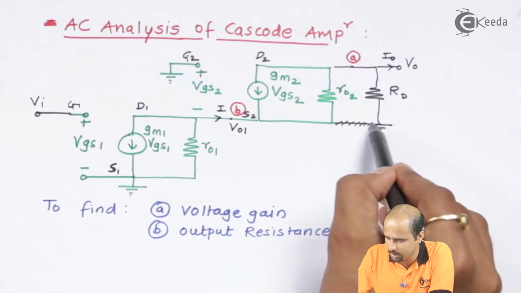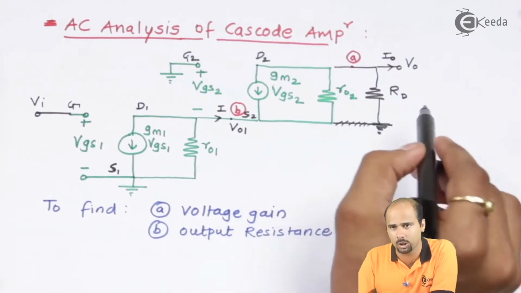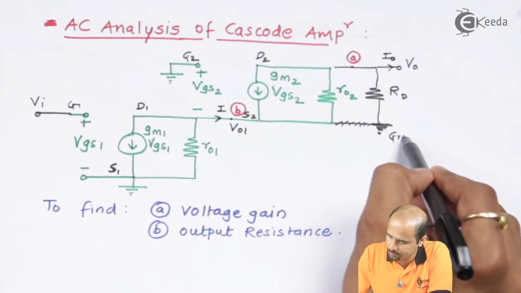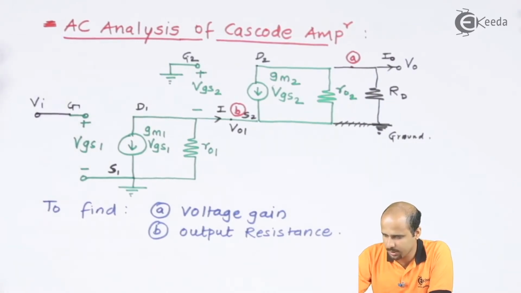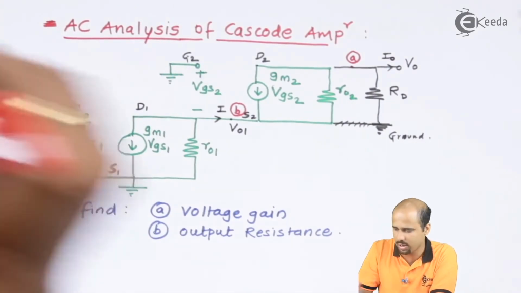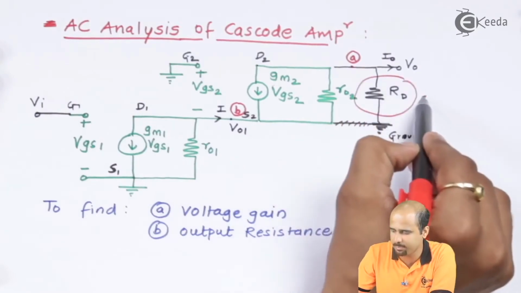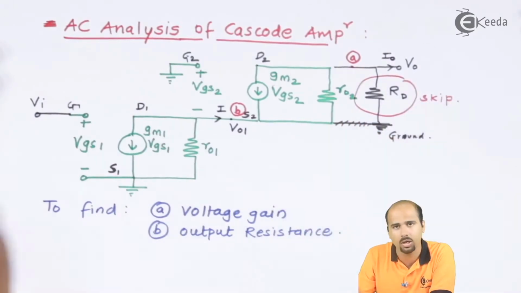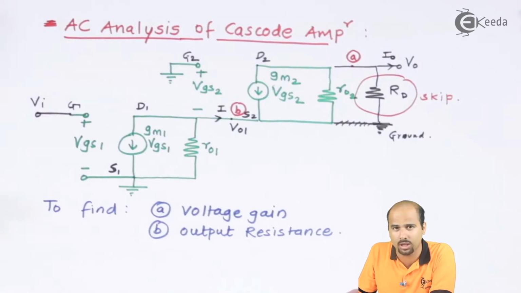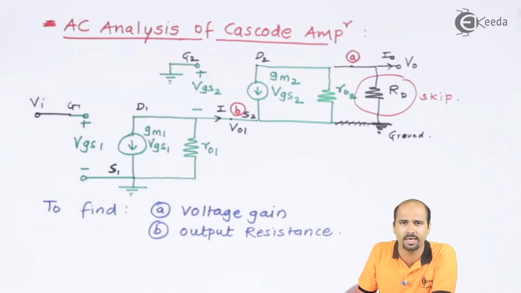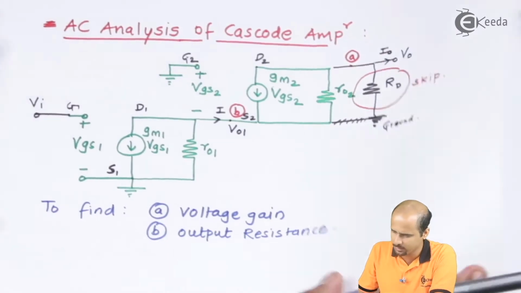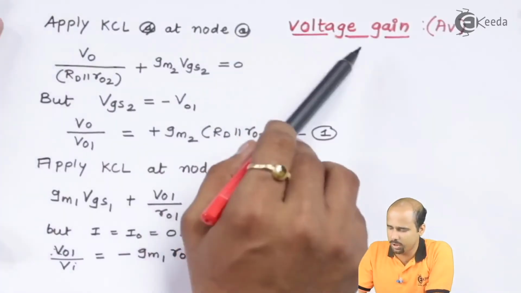So this is grounded. Clear? Fine. I'm not going to consider this RD, and in further calculation also I'm not considering it. Once RD is connected, we will take its effect later on. Let's start with the voltage gain.